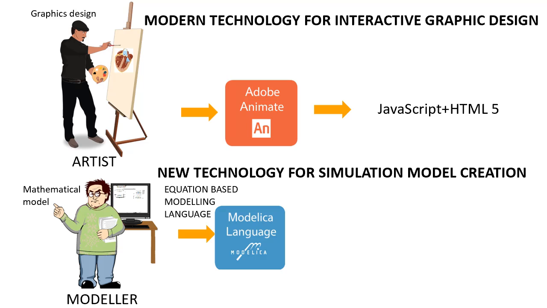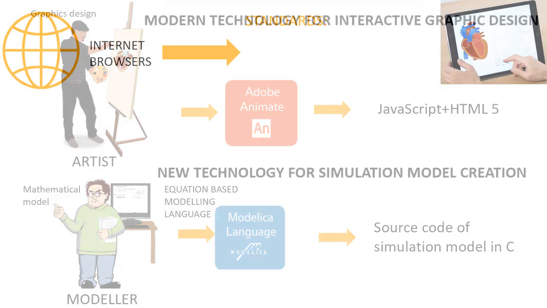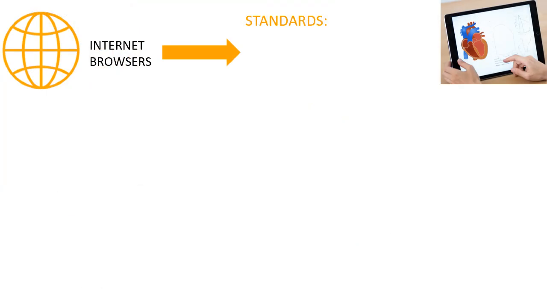The result of the program translation from the Modelica language is the source code of the simulation models in the C programming language. New standards for web browsers have been agreed upon in recent years. The HTML5 standard brought animation canvas for displaying moving images.